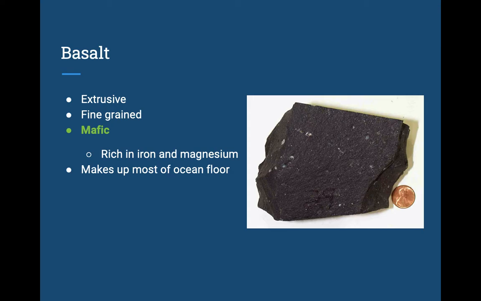I don't know if I mentioned it or not, but like the penny right here, when you see this kind of stuff, just everyday objects next to things, it's for scale, right? It's there so you know that we're dealing with a rock this size and it's not some giant boulder or some tiny little thing. So you'll see a lot of pictures, especially now as we're getting into more stuff from the field.